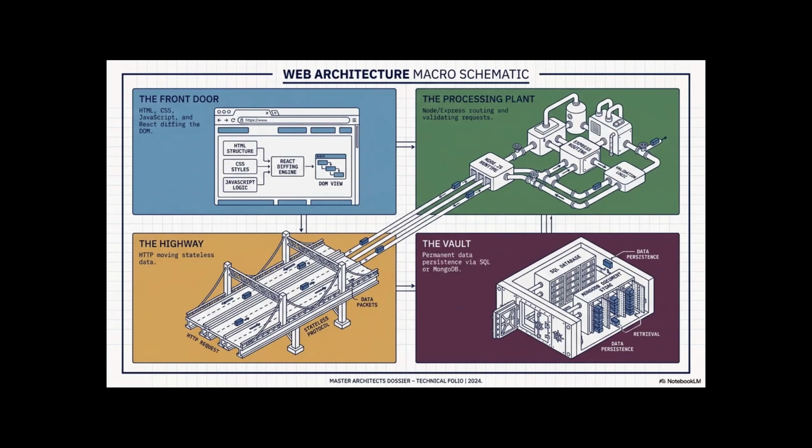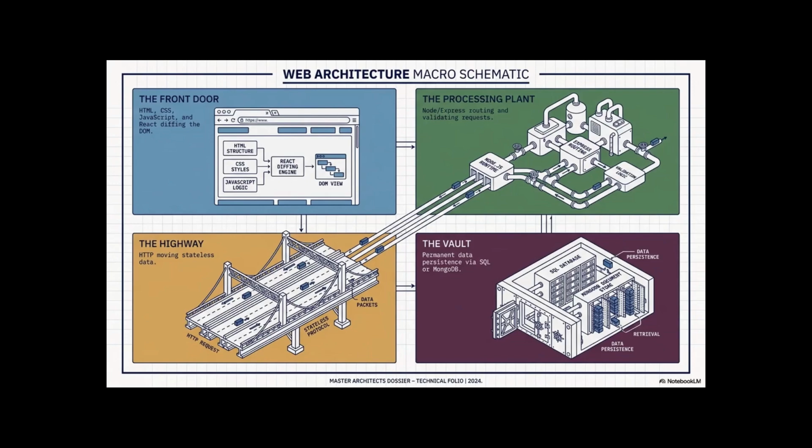And there is a processing plant, that's our Node and Express backend system, where requests get routed, validated, and turned into responses. And there is a vault, that's our database, relational or non-relational, which are both used in our project. Earlier, I have used MongoDB, which is a non-relational database where data lives permanently.